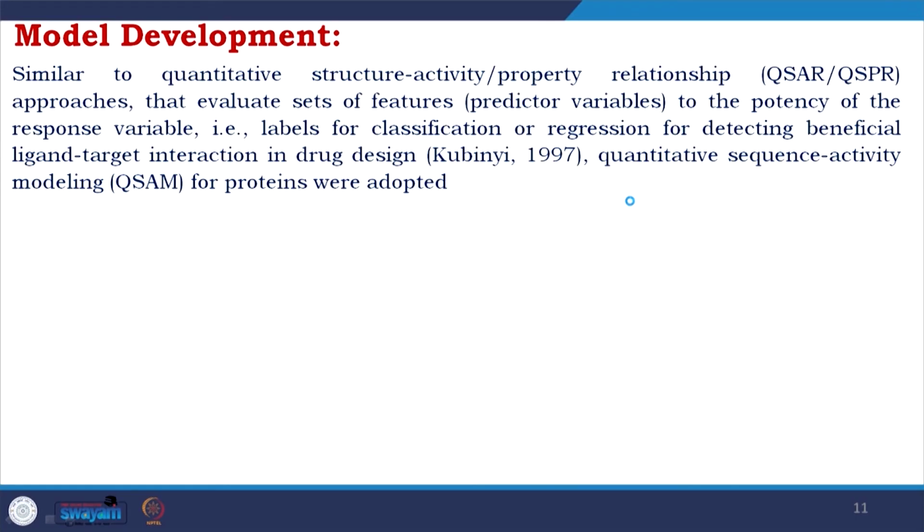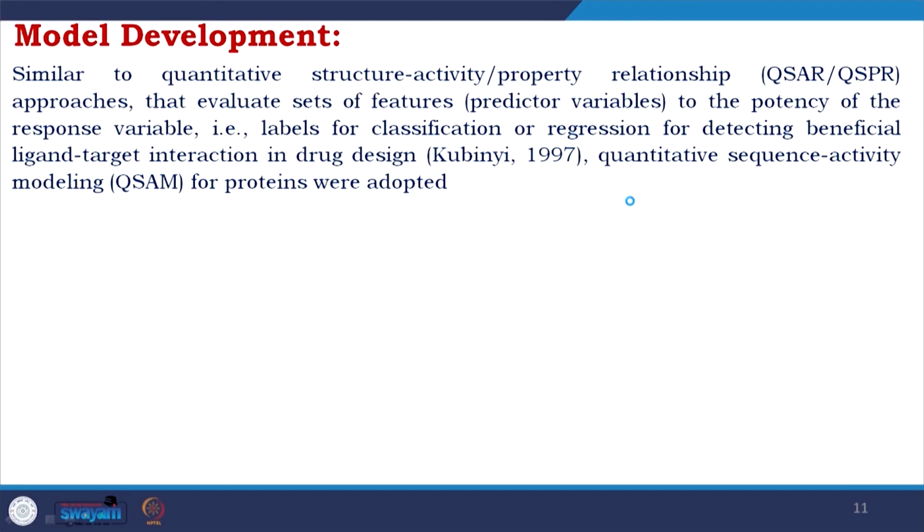So, similar to approaches which evaluate sets of features or predictor variables to the potency of the response variable, labels for classification or regression for detecting beneficial ligand target interaction in drug designing, quantitative sequence activity modeling or QSAM for proteins were adopted.